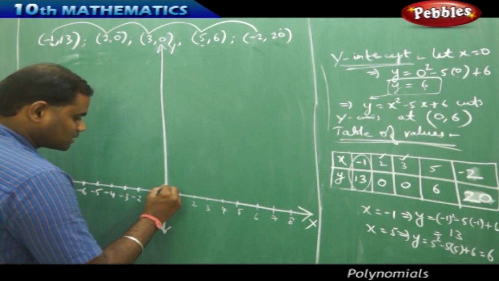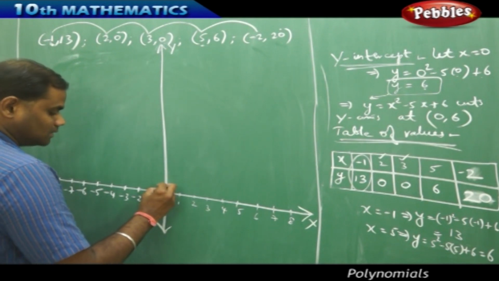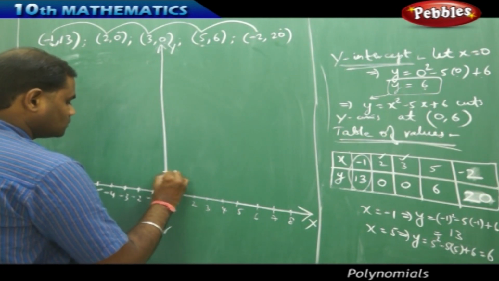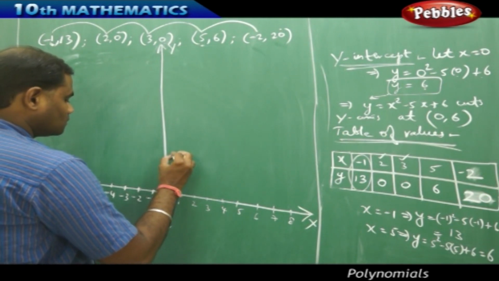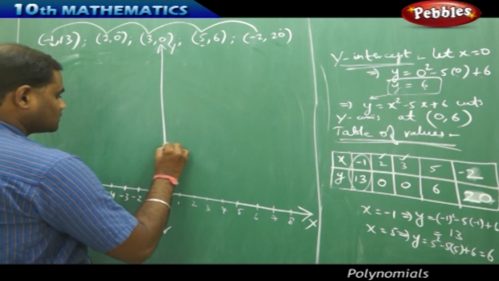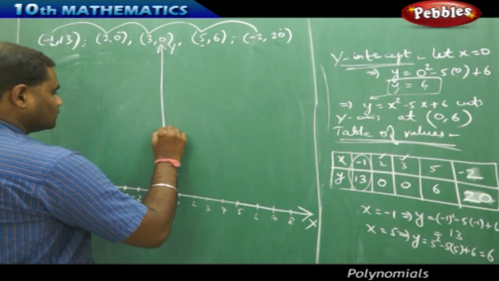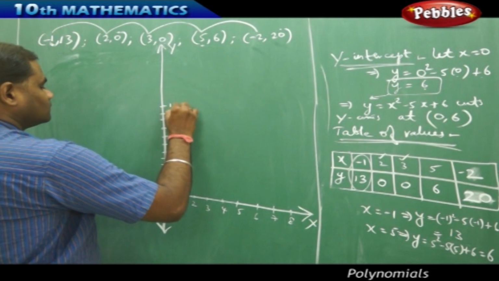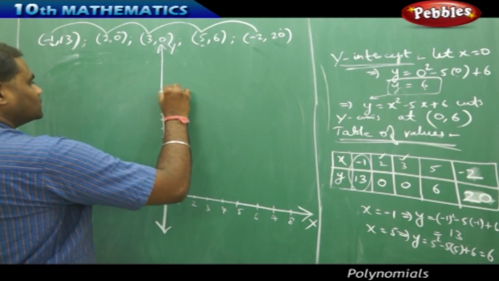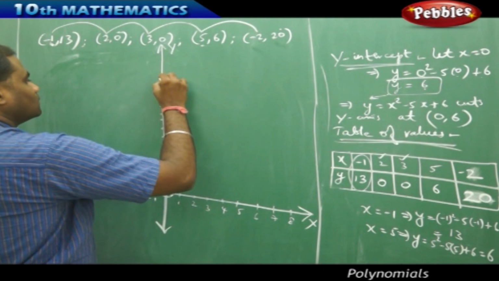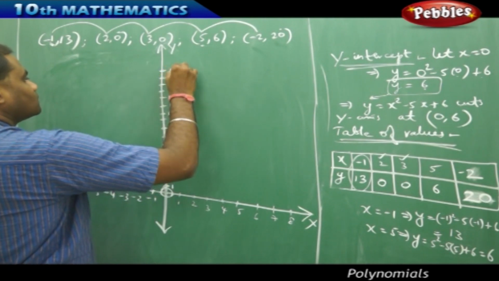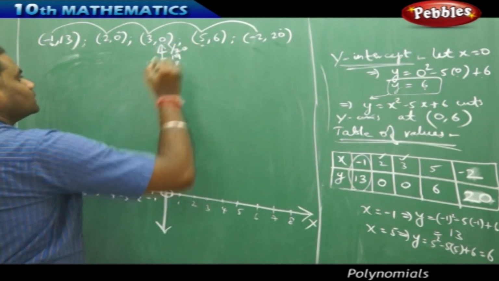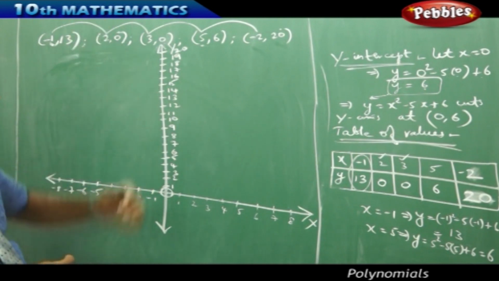Then for the scaling here, I take a small scale because I need to fit in 20 values. So I take 1, 2, 3, 4, 5, 6, 7, 8, 9, 10, 11, 12, 13, 14, 15, 16, 17, 18, 19, and 20 as the values taken on the y-axis.